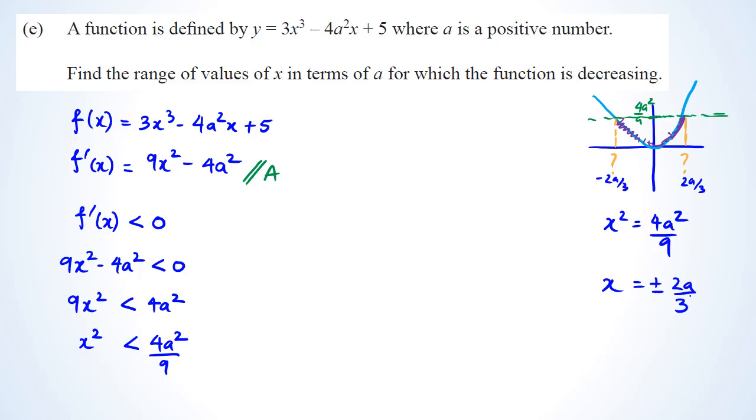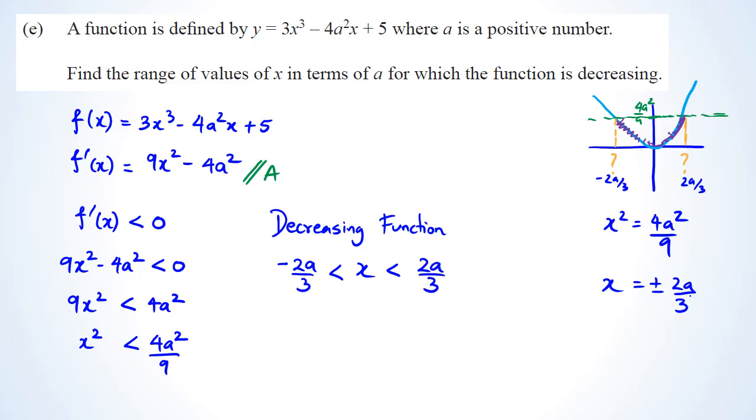If you look at this particular graph, you can see that the function is decreasing. So for the final answer, the way you'd write it is decreasing function between negative 2a over 3 and positive 2a over 3. And this is how you write it.